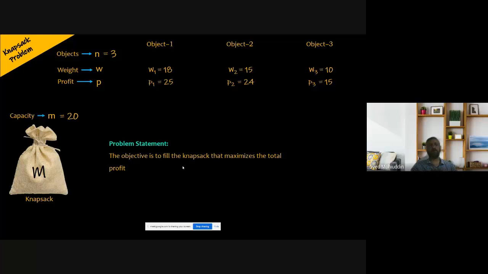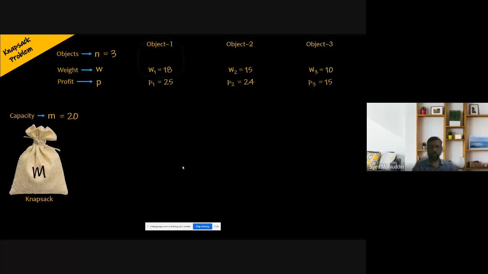What is the capacity of the knapsack? M. Now, if there is a large capacity in the knapsack, which could fit all objects, object 1, object 2, object 3, then there would not be any problem at all.